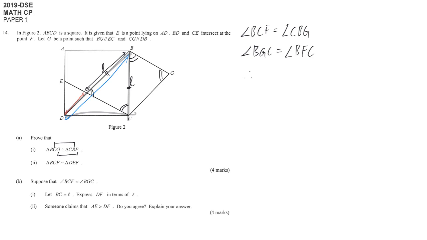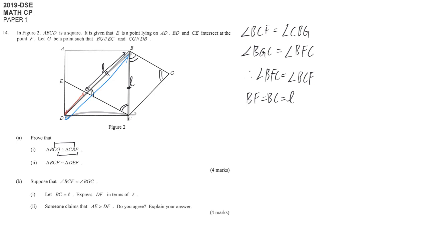Therefore, we know these two angles are the same: angle BFC is equal to angle BCF. Again, don't write down any reason. The reason for these two is corresponding angles, congruent triangle. This one also. And then we can make a conclusion that BF is equal to BC equal to L. The reason is sides opposite equal angles.